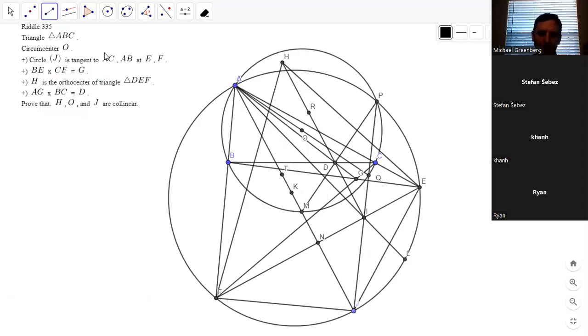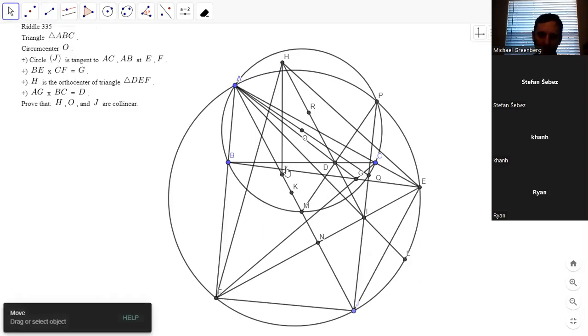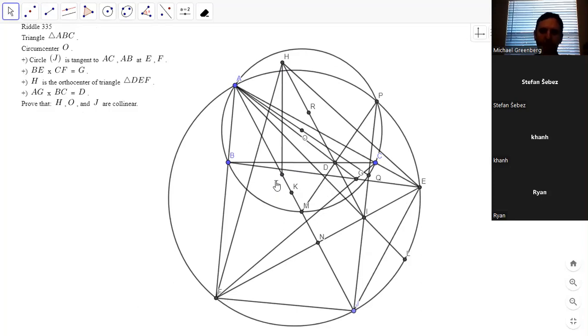So yeah, if you can prove that HT is perpendicular to BC, then we don't really need H prime, because we can basically say T is a reflection of J over point N. And then we could define H to be the intersection of IB with a perpendicular from T to BC.